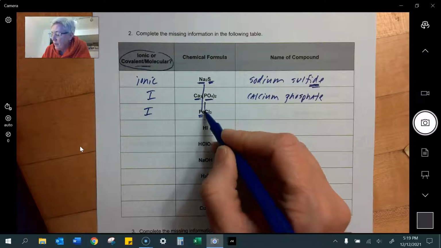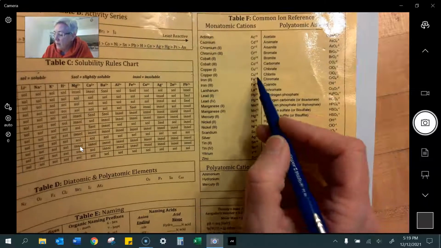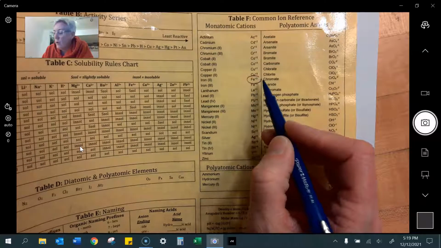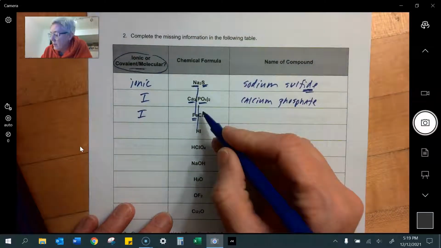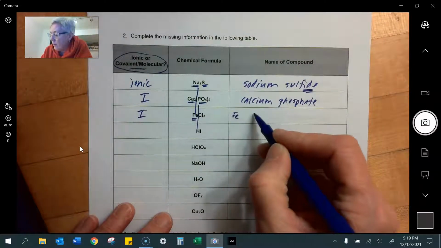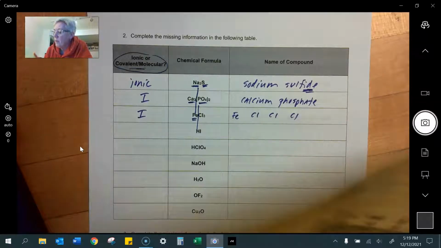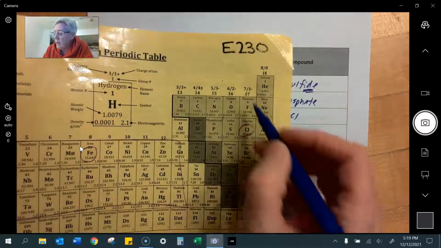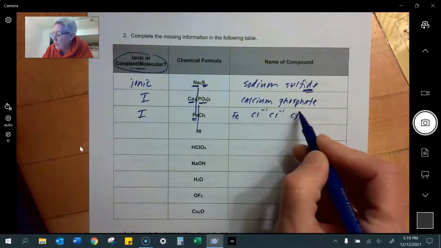So in this case, we have to figure out which iron we've got. We could have either iron +2 or iron +3. The way to figure that out is to look over here. We've got iron, and we have 3 chlorines. Based on that formula, the charge on chlorine right here is a -1. So -1, -1, -1.